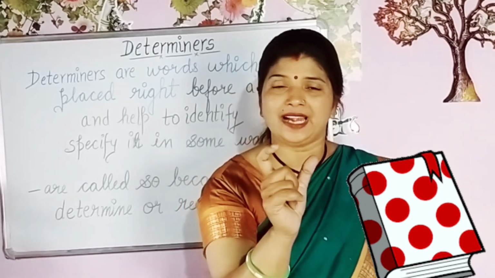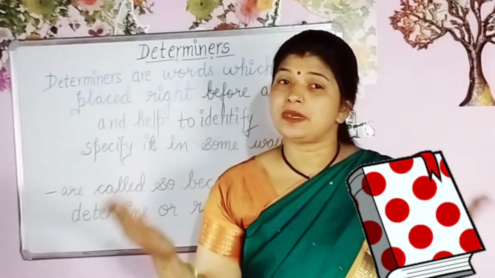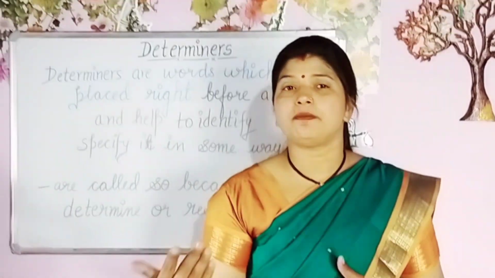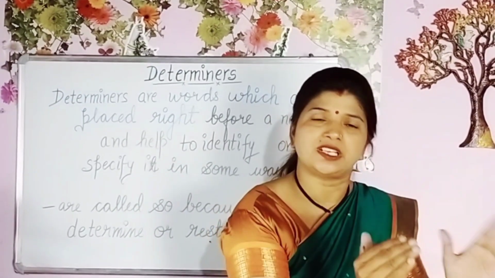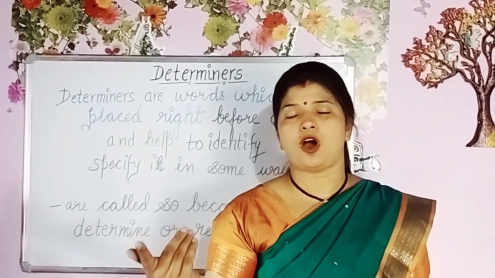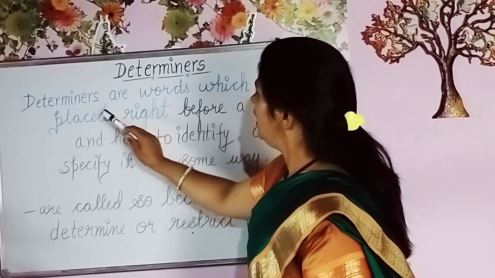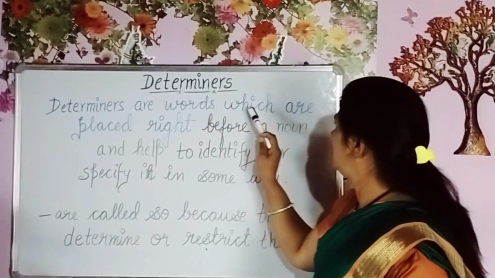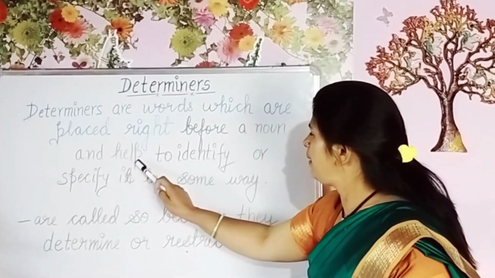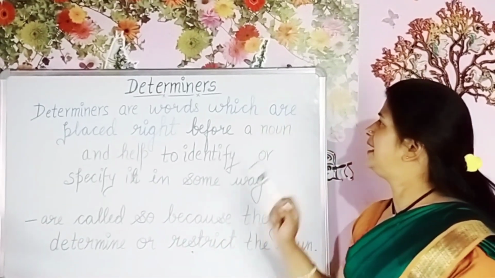The that in this sentence is a determiner. Determiner means which determines something. Determine means to specify what we are talking about, about whom we are talking about, right? So my dear little kids, let me tell you, determiners are the words which are placed right before a noun and help to identify or specify it in some way.